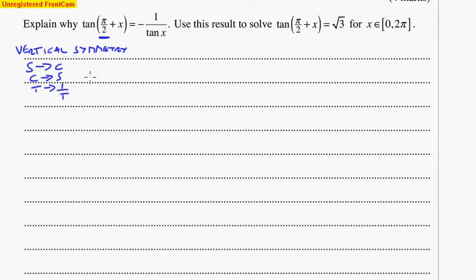So for this situation we have here the tan of pi on 2 plus x, that will be the same as 1 over the tan of x. There is still to decide whether we are going to be plus or minus that. That plus or minus decision comes from the cast diagram.